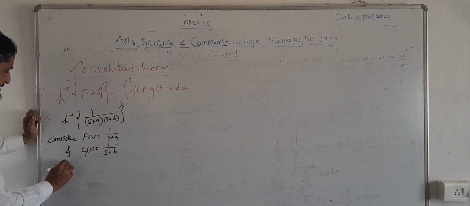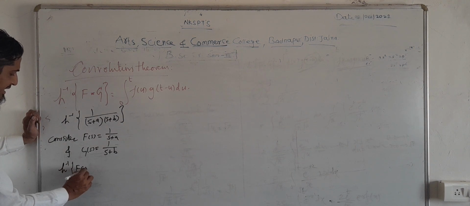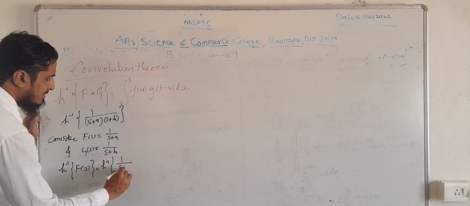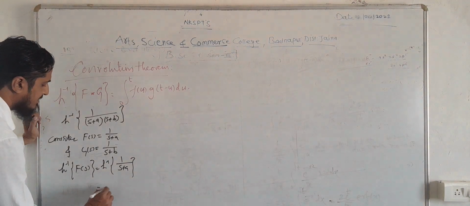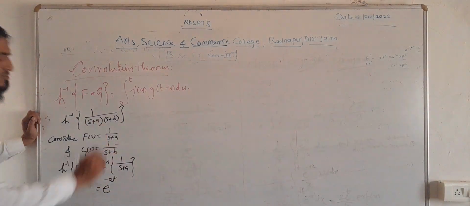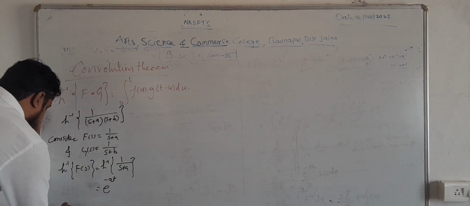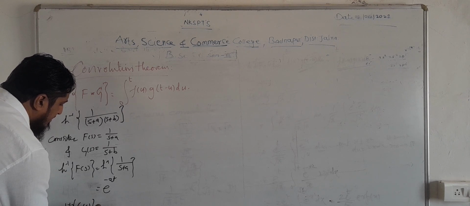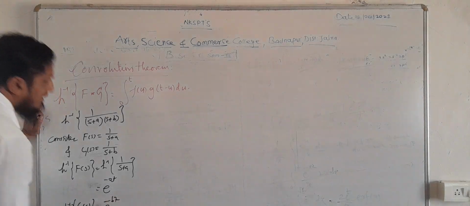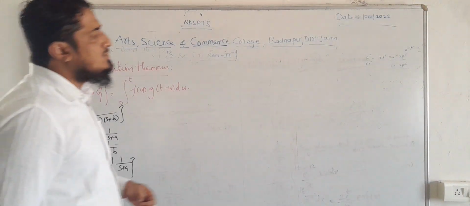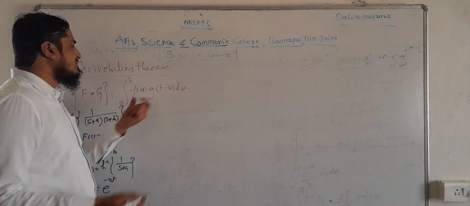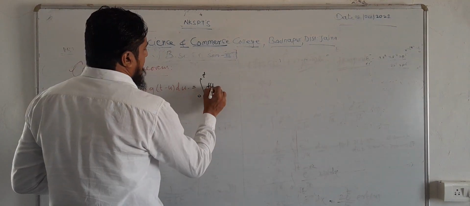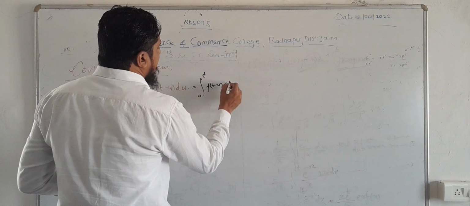By taking the inverse Laplace transform of f of s, we will get the inverse Laplace transform of 1 upon s plus a, and it will give us e raised to minus at. Similarly, the inverse Laplace transform of g of s will give us e raised to minus bt, and both are equal, so we can use the first or second integral.